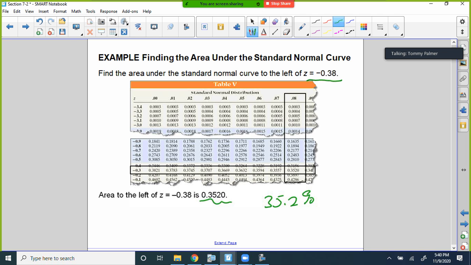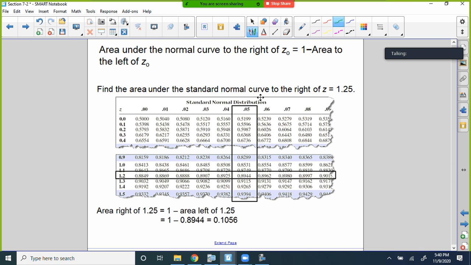So we've done a positive, we've done a negative, we've even looked at ones that are kind of in between. Let's look at this. Well, this is a complement, right? So area under the curve to the right, and it's called Z naught, 1 minus the area to the left of Z naught, right?